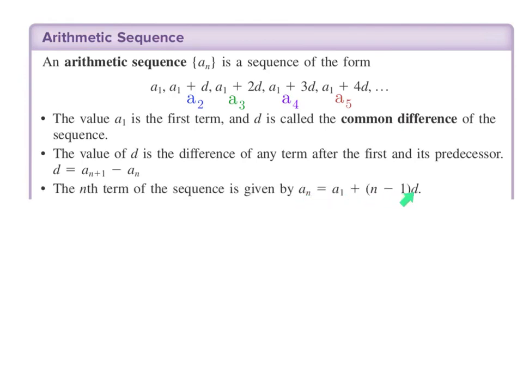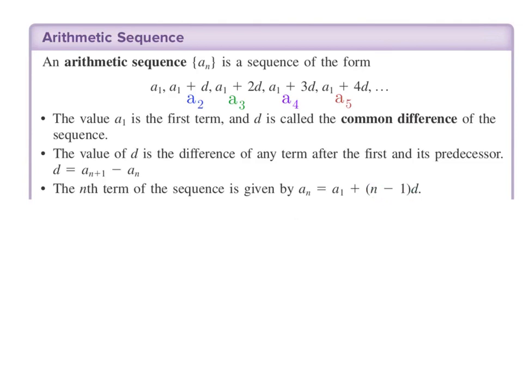Right? And here's why. The nth term of a sequence is going to be the first term plus whatever term we're looking for, but 1 less than that, times d. So that's where I'm going back to this idea. I take the first term. Since I'm looking for the 4th term, I have to multiply by 3 d's. 4 minus 1, which is 3 d's.